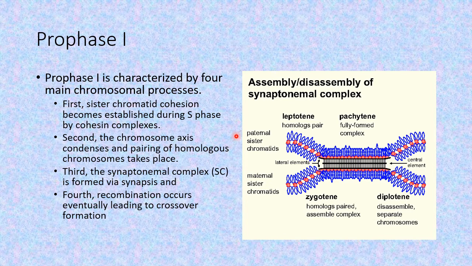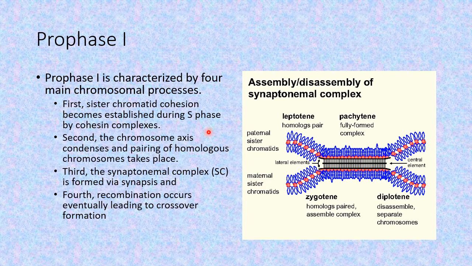Now, during this prophase 1, there's chiasma formation and crossing over. These are the facts that we are just revising. So, this prophase 1 stage is characterized by 4 main chromosomal processes. That is, within the chromosomes, 4 changes take place during prophase 1.